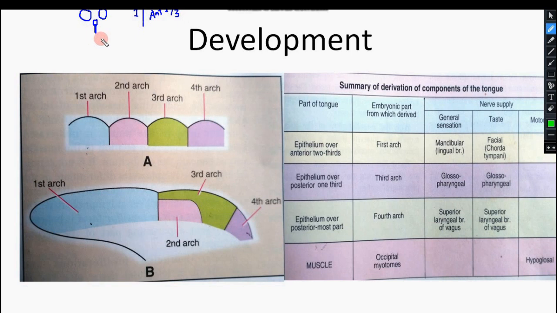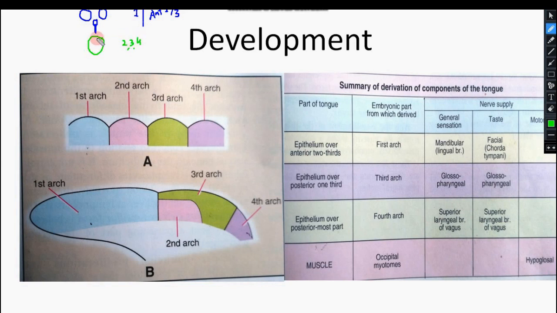Another swelling which appears in the midline is the hypobranchial eminence, and this is developed by the second, third and fourth arch.